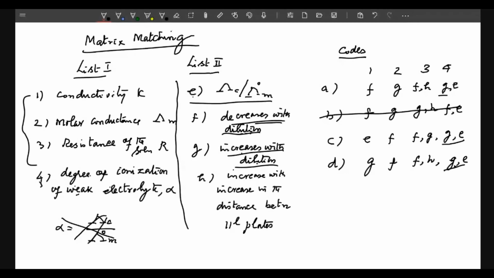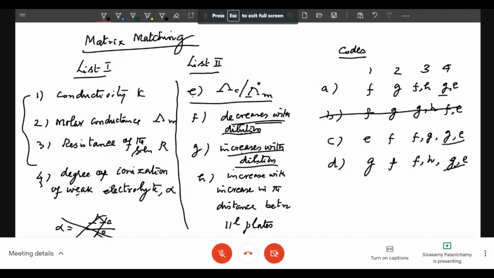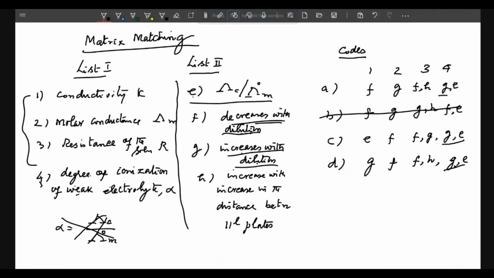If you go through that, you find the conductivity goes on decreasing as dilution increases, because the number of ions present would be going on decreasing. Therefore, for the conductivity, F is the correct answer. Here this is the correct answer because E and G is not the right answer.